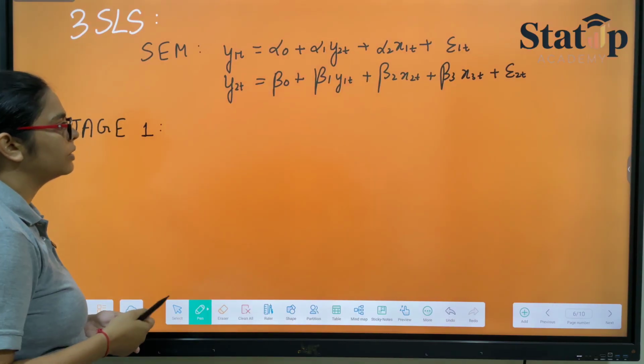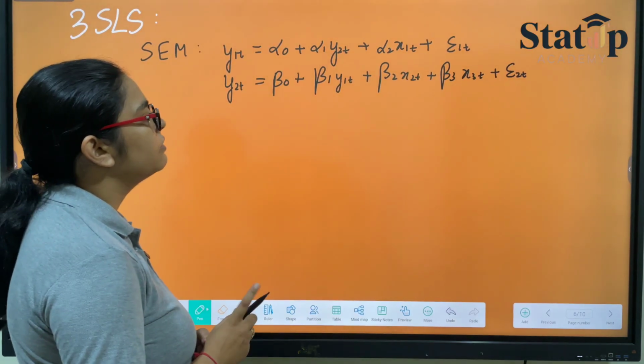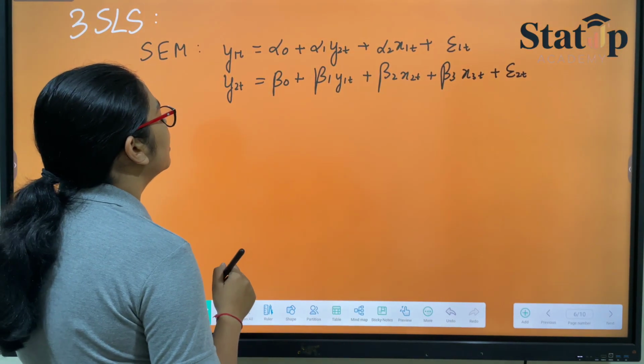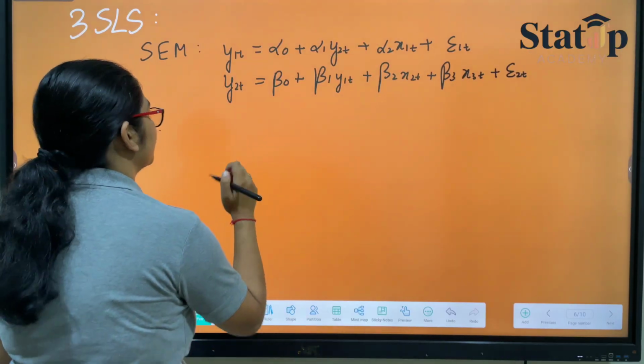Now, what does stage 1 hold? Stage 1 says that first of all, we will form the reduced form of these equations.